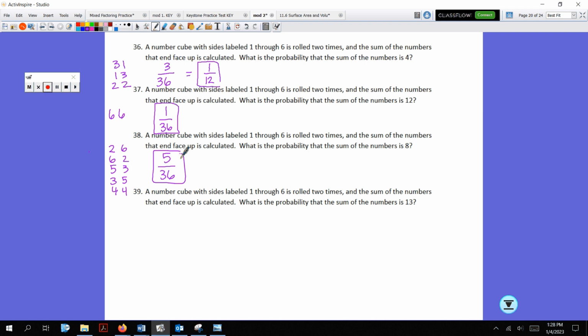All right, number 39, a number cube is rolled and the sum is calculated. What is the probability the sum is 13? Well, the highest number on a six-sided cube is a 6, and 6 and 6 makes 12. There's no way I can get a 13. So 0 out of 36. It's not possible. There's no chance.